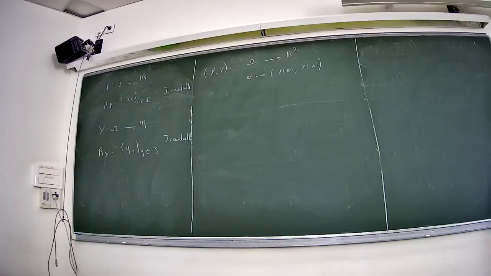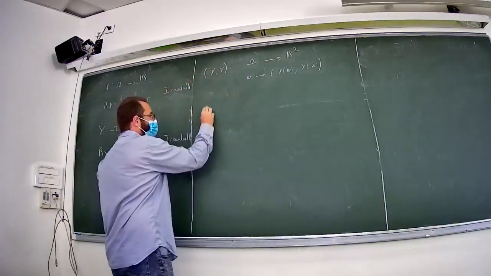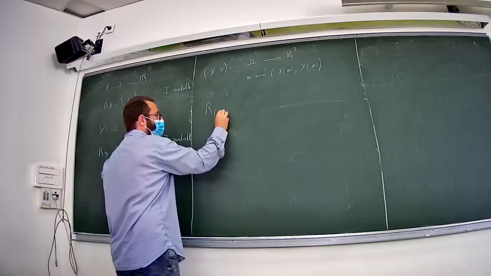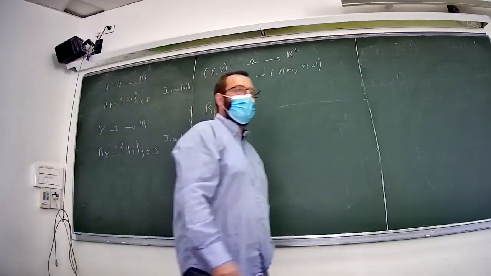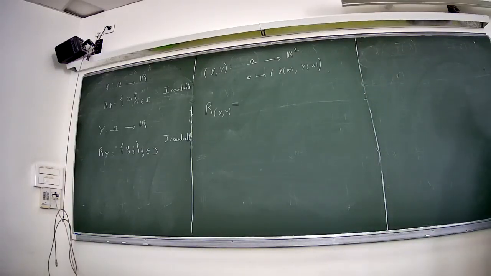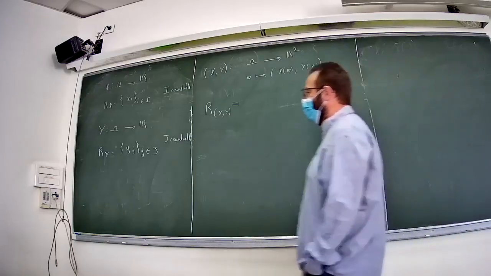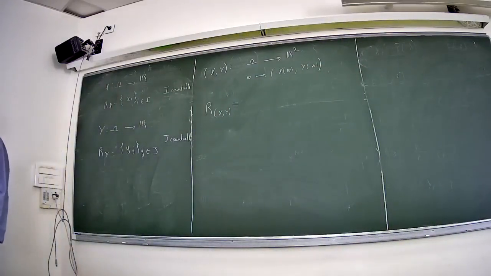What is the set of the possible values here? What is the range of this one? My possible values for capital X are the x_i. My possible values for the capital Y are y_j. What are the possible values for the pair (X, Y)?